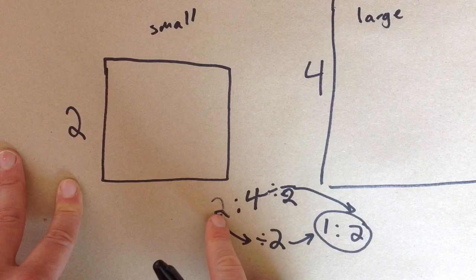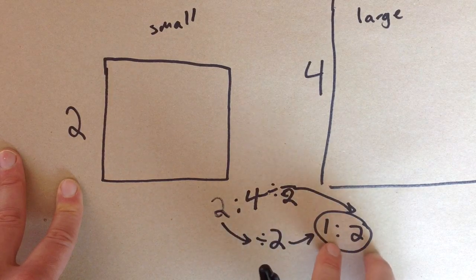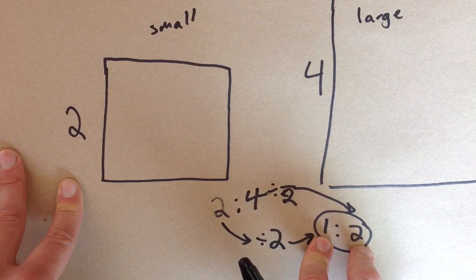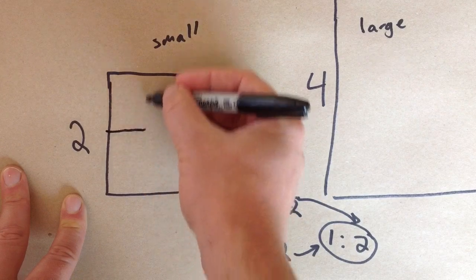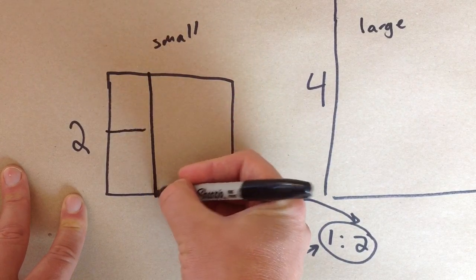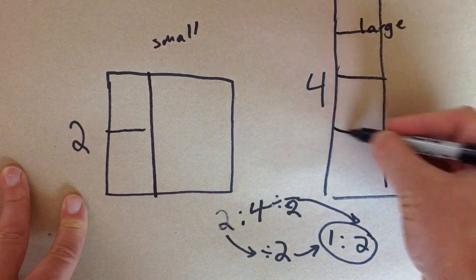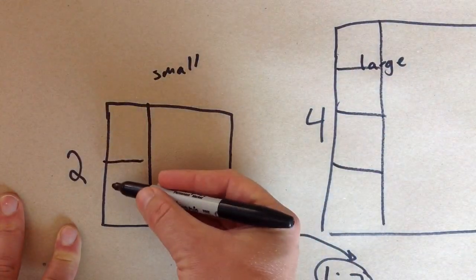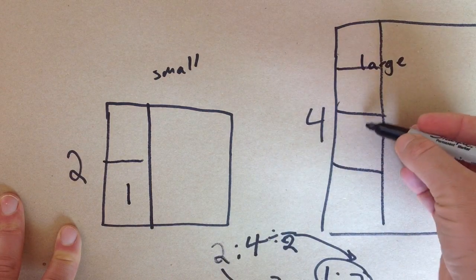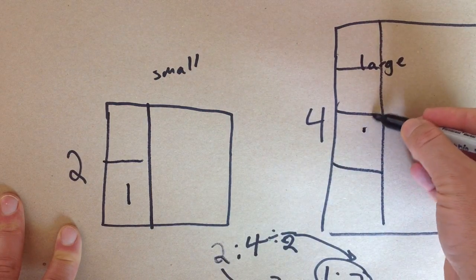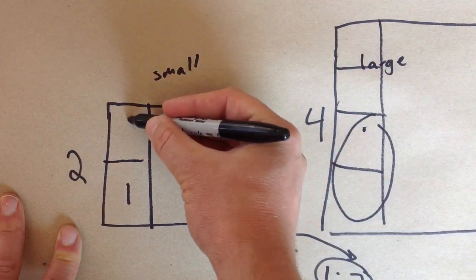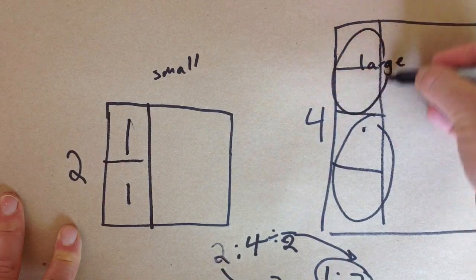Even though I could say it's a 2 to 4 ratio, I could also say it's a 1 to 2 ratio. That means, well, this has 2 blocks going this way. I have 4 blocks going this way. That means for every 1 block here, there are 2 blocks here. And here's another block, and here's another 2 blocks.